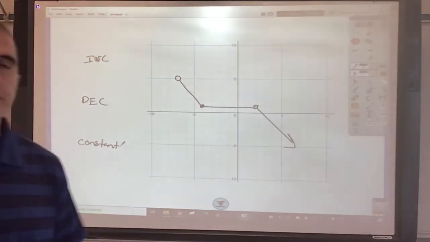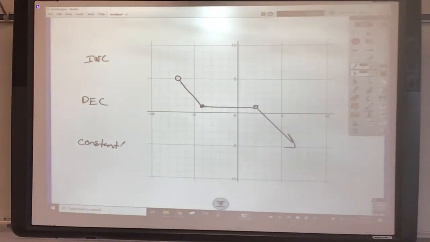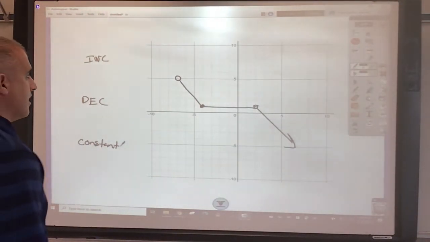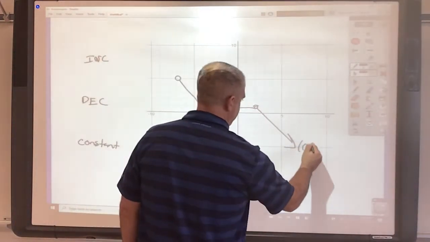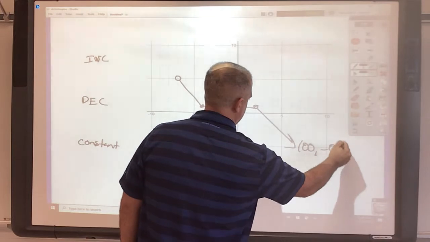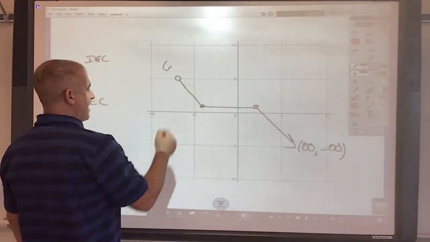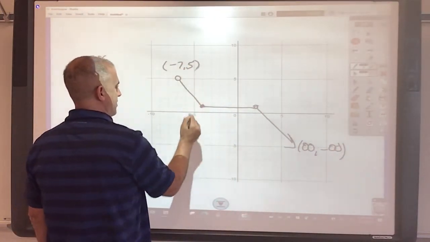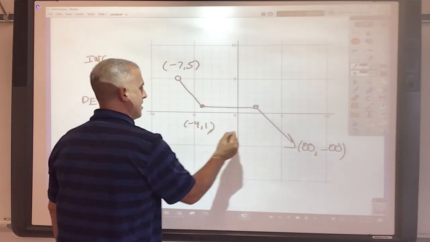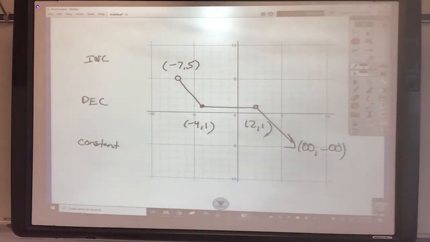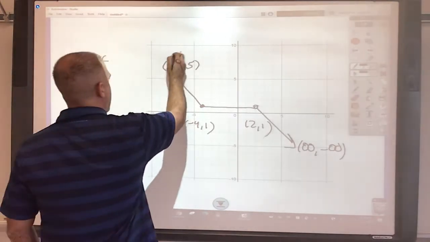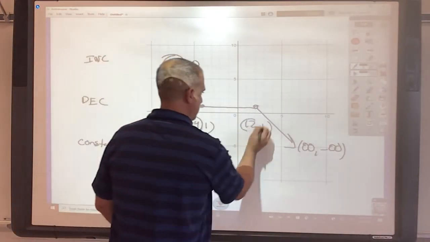Okay? So what I have here, if I label these, this arrow is negative infinity. This endpoint would be -7,5. This would be -4,1. And this would be 2,1.